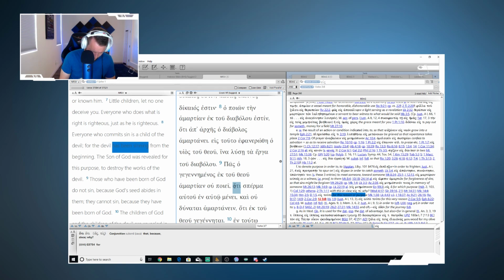Because his seed, this is possessive genitive, his seed does not commit sin because his seed remains in him.